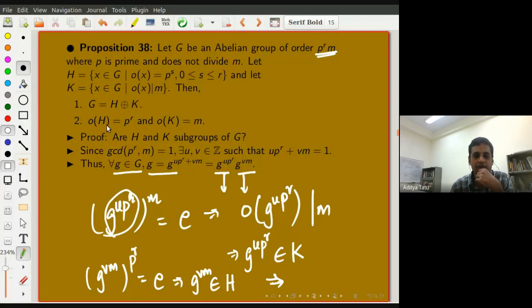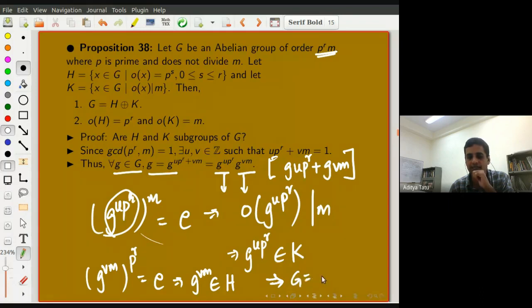We took any arbitrary element of the group, so this has to be true for all g's. And this is the same as this notation, g^(u p^r) plus g^(vm), isn't it? So we've shown that G is a sum of H and K.